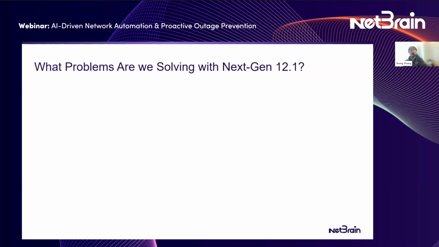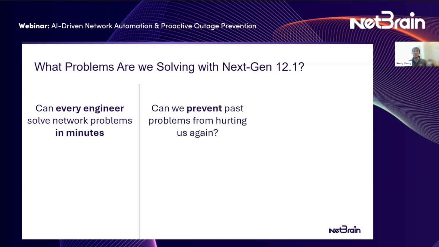First, let's think about what problems we wanted to solve with our next-gen 12.1 version. We thought about three things. One, we wanted our platform to help every engineer solve problems quickly, in minutes, a pretty audacious goal for ourselves. Number two, we want to use platform automation to help customers and teams prevent past problems from coming back and hurting us again.